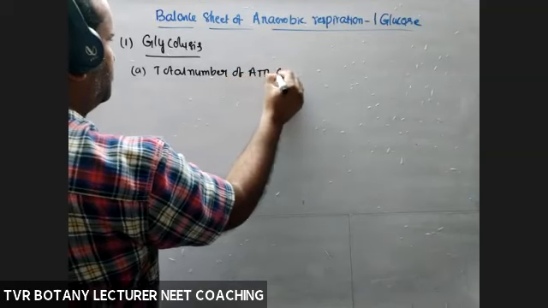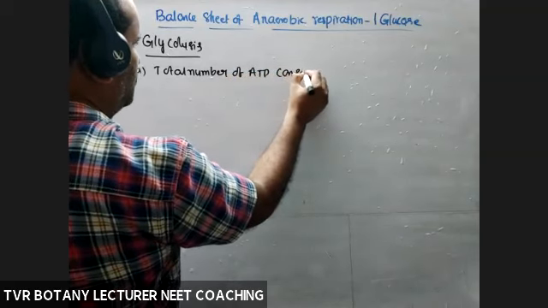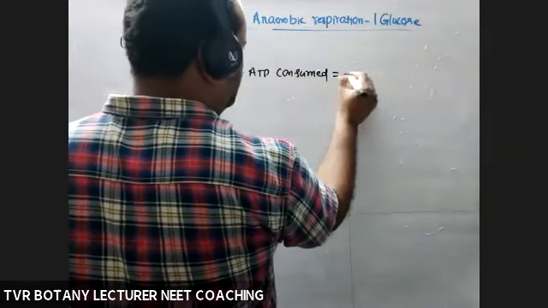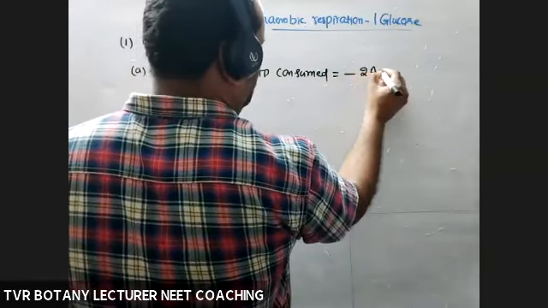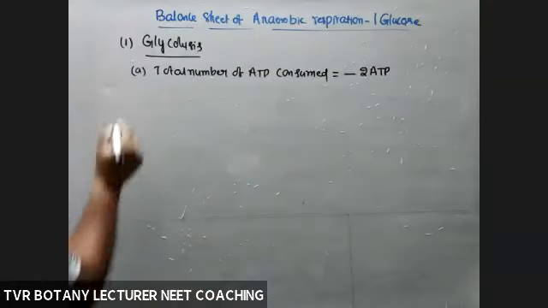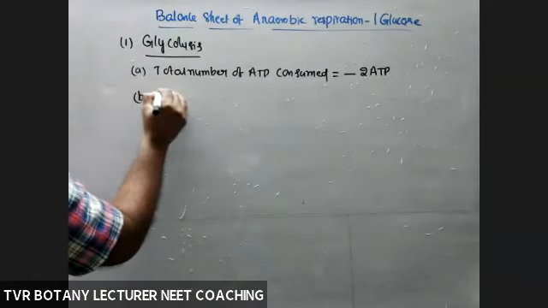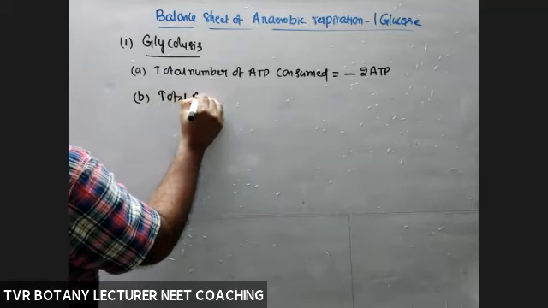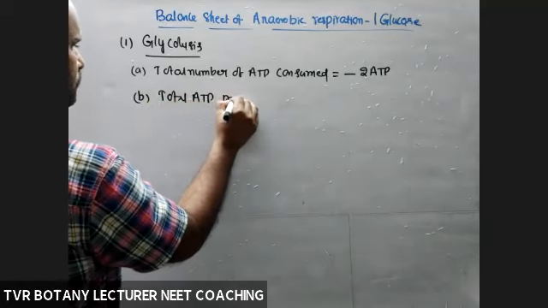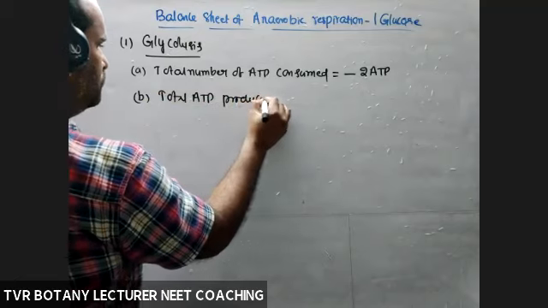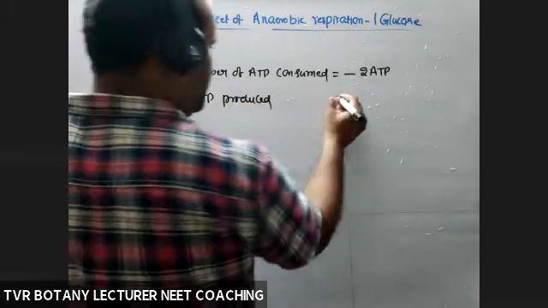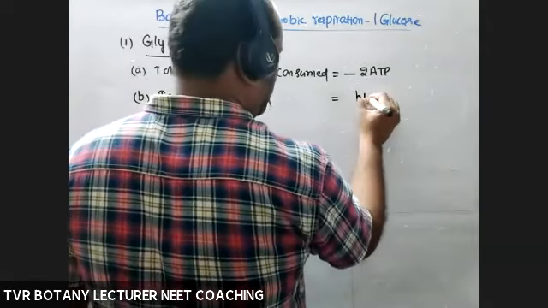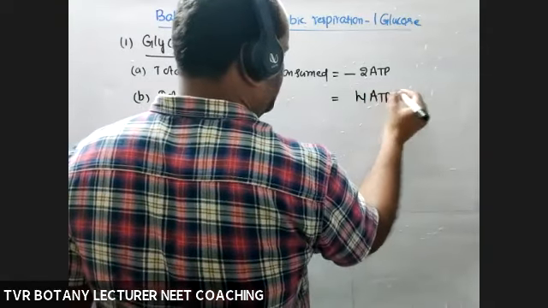That is common for both aerobic and anaerobic. How many consumed? Minus 2 ATP molecules. Next, total ATP produced is 2 into 2, 4 only. 4 ATP molecules.